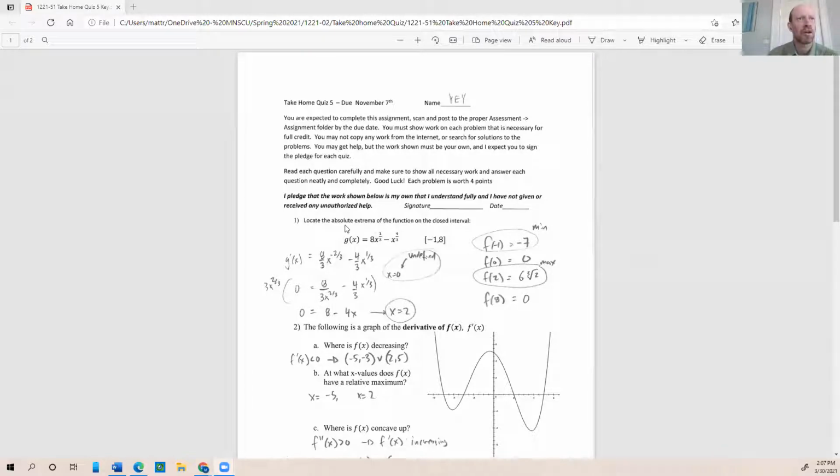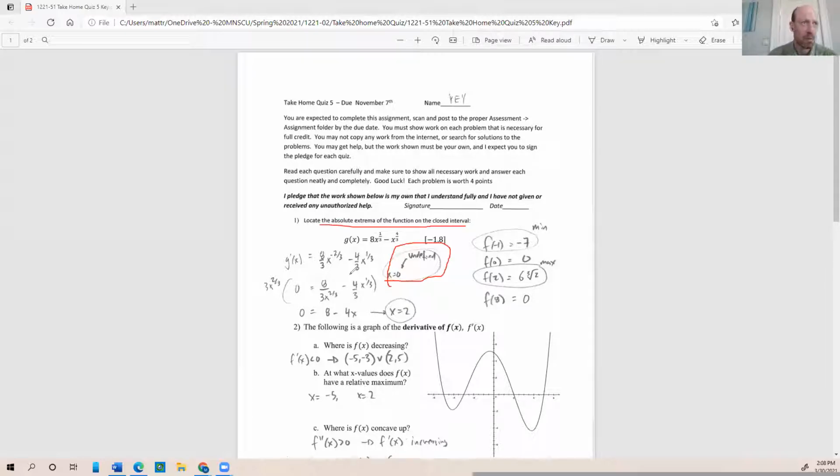So a number of students here missed this undefined value. When you're finding the absolute extrema on a closed interval, you're looking for critical points.